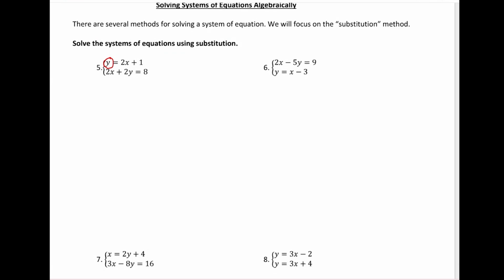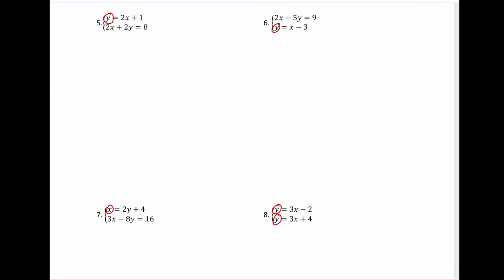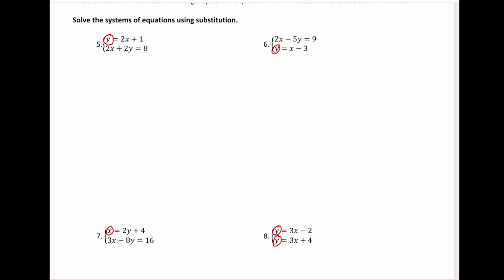For number 6, we've got a y isolated in an equation. For 7, we've got an x isolated in one of the equations. And for number 8, we've got y isolated actually in both of them. You only really need one. But as long as you have one of the variables totally by itself, you are going to substitute what that variable equals into the other equation.